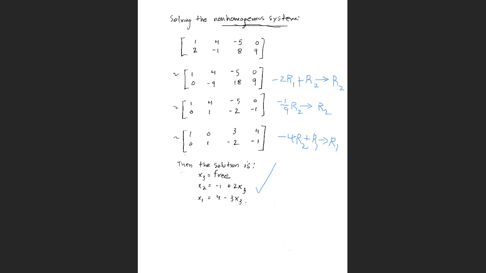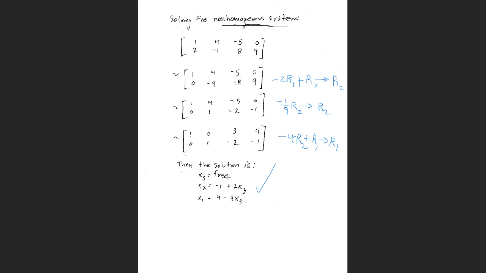The two equations are equations of planes. We have a solution, so the two planes intersect in a line. But the line, of course, is different than the line we got for the homogeneous system.